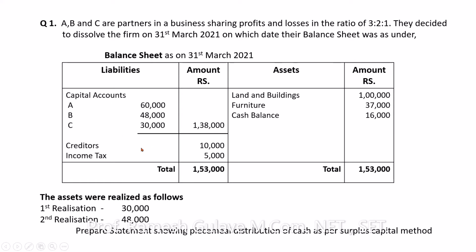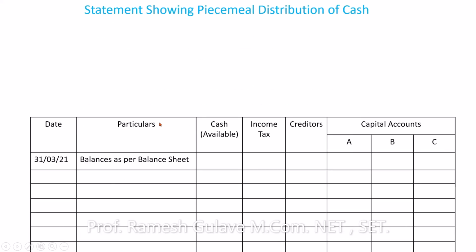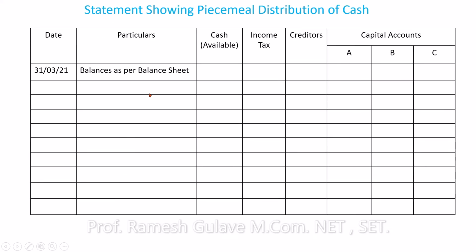Now, students, if you haven't prepared this statement yet, prepare it in your notebook, and we will start the solution of this question. Okay, you can pause the video and make the statement, but try to solve it along with me so that you can understand the process of piecemeal distribution of cash properly.